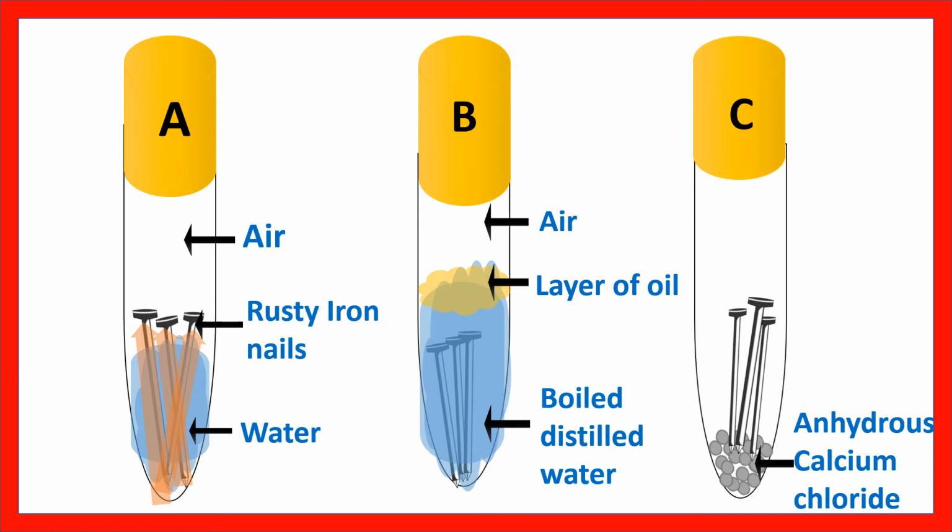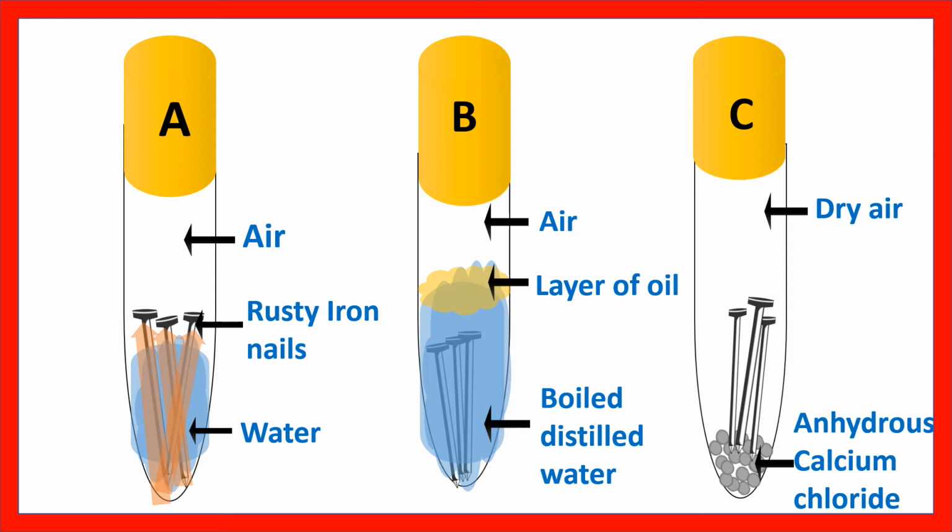That's why the nails are not getting rusted. In the third test tube, the anhydrous calcium chloride is absorbing the moisture present in the air in the test tube. That's why the air becomes dry. So, because of the absence of moisture, the nails are not rusted.